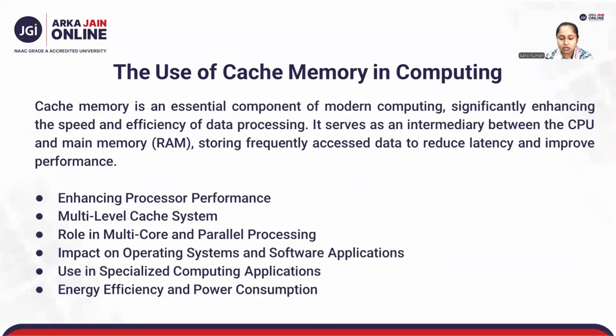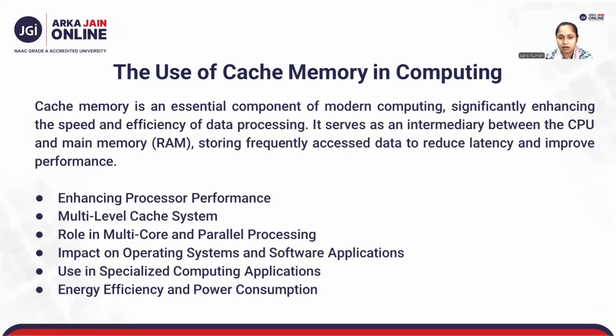Artificial intelligence and machine learning: AI accelerators and deep learning models rely on cache memory to quickly access large data sets, enhancing processing efficiency. Cloud computing and distributed systems: cloud service providers use cache memory to optimize data retrieval and reduce latency in data centers.